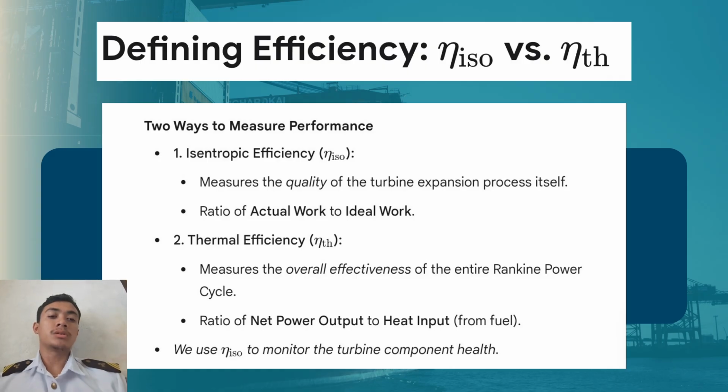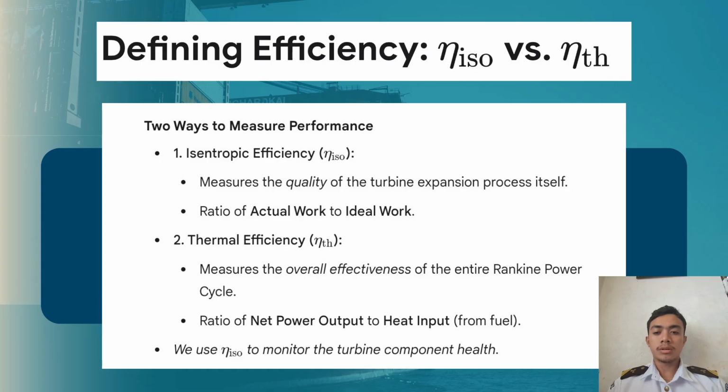This metric is solely concerned with the internal performance of the turbine component itself. It compares the work the turbine actually produced to the maximum possible work it could have produced under ideal condition.